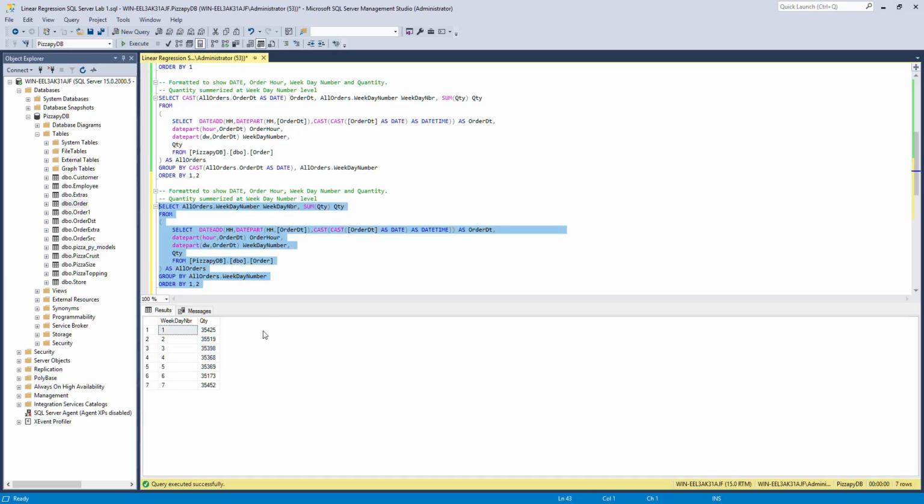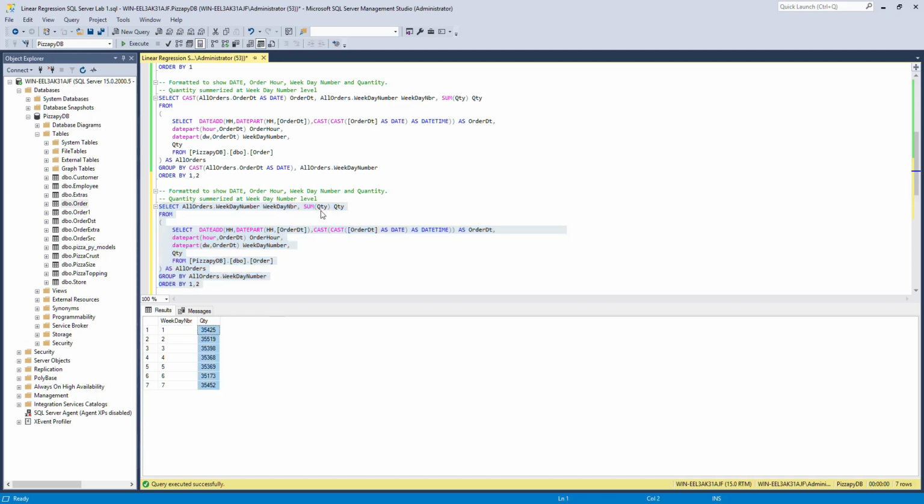I think this will show you the entire summary, because for all 7 days, with all the data from 2014 till 2019, and every day of the week, if you roll up at that weekday number level, these are the orders.